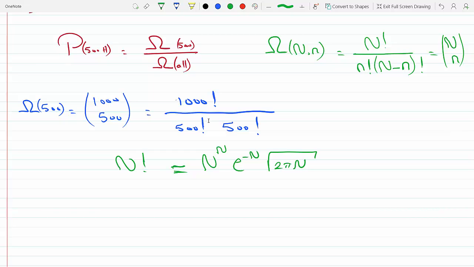So with that said, 1,000 factorial will just be 1,000 to the 1,000, e to the minus 1,000, square root of 2 pi times 1,000.